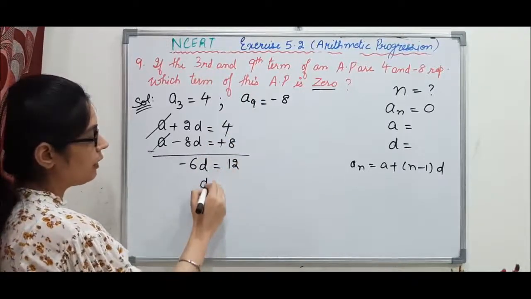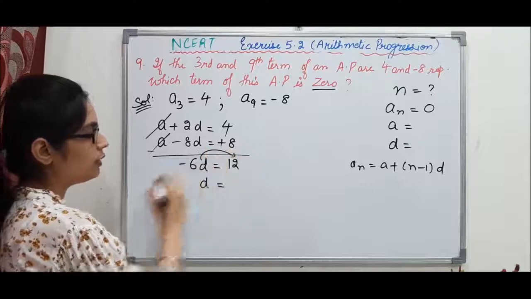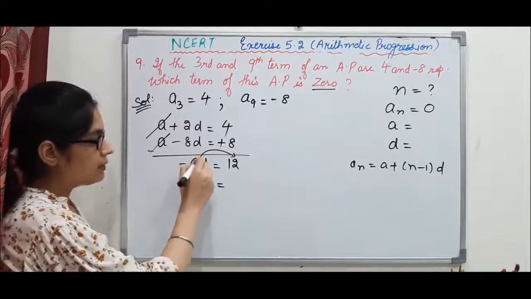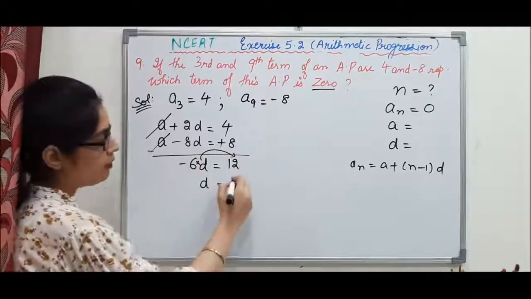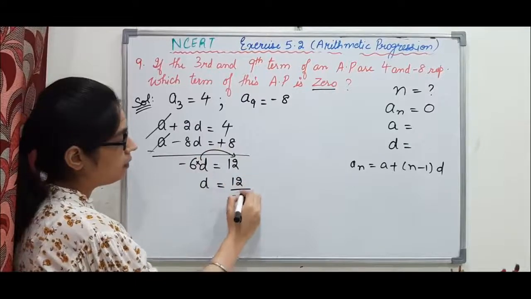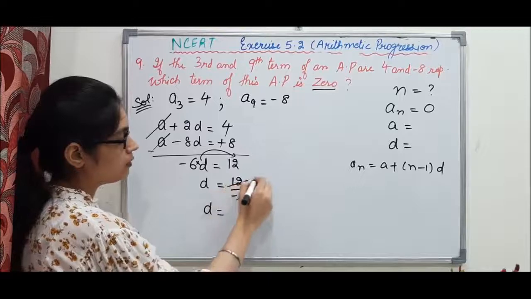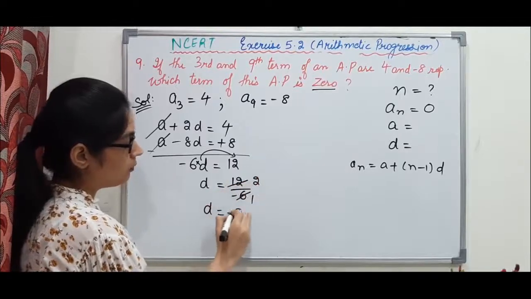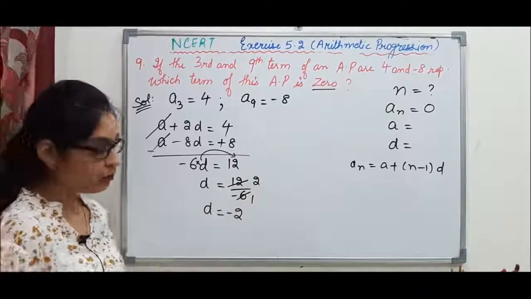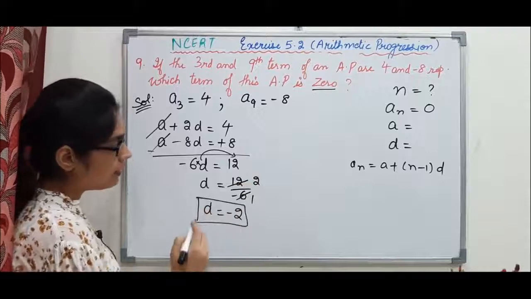So D we have to find, that means minus 6 we have to shift to other side, minus 6 here it is getting multiplied, when I shift to other side it will get divided. So D is equal to 12 by minus 6, 6 into 2, so 2 along with minus sign, because here I have one minus sign. So value of D is minus 2.